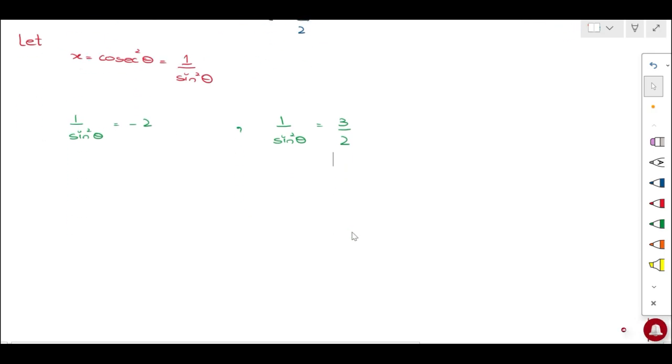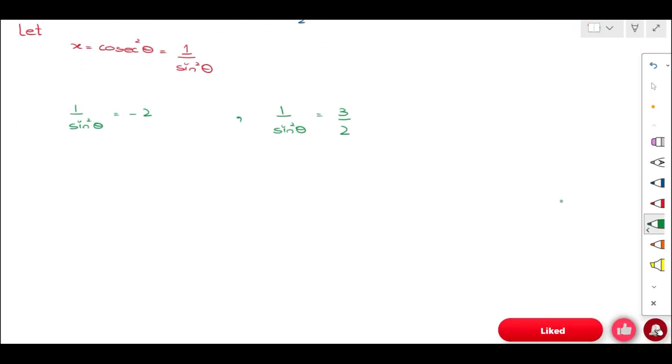Now do the reciprocal on both sides. We can take the reciprocal of both sides. So this reciprocal is sine square theta over 1 equal to 1 over negative 2, and here sine square theta over 1 is 2 by 3.